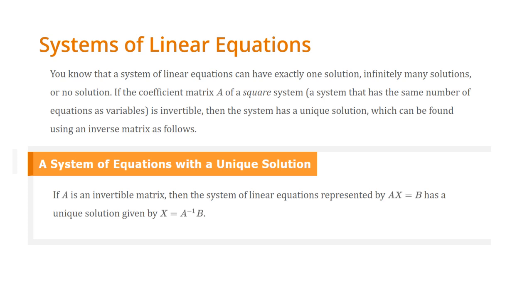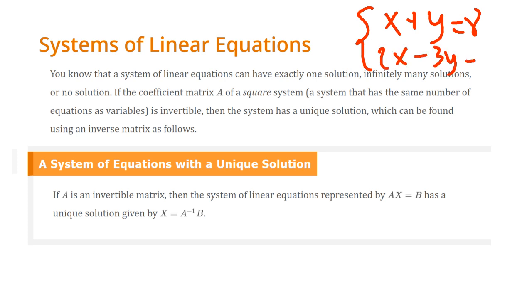So remember, a system could look something like this: x plus y equals 8, and 2x minus 3y equals 10. In chapter 7, we saw the substitution method, we saw the elimination method. Last Friday we did the Gauss-Jordan elimination with matrices to solve a system like this. And now with the inverses, it's another way to solve the same system.